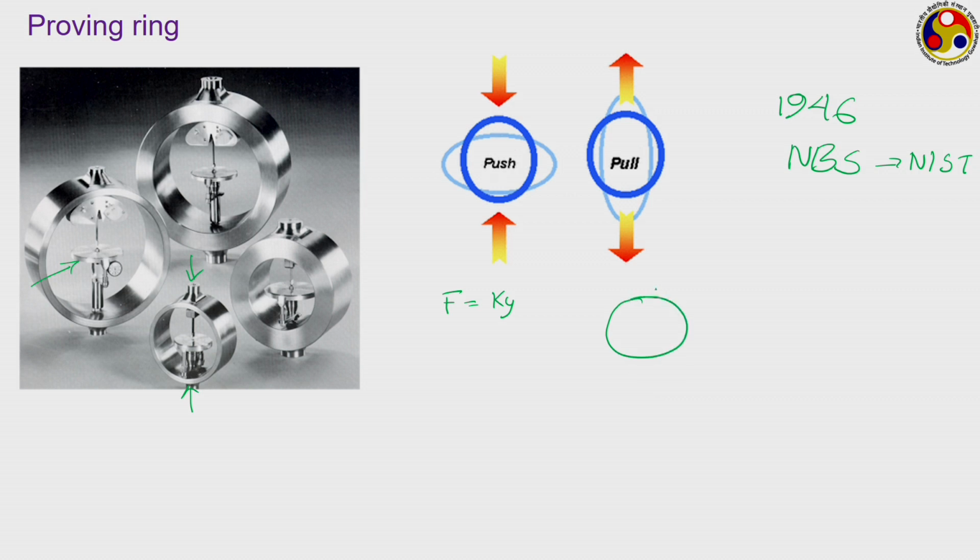When we are dealing with a ring of a shape like this, a ring having a diameter of d. Let us say the thickness of the ring is t.